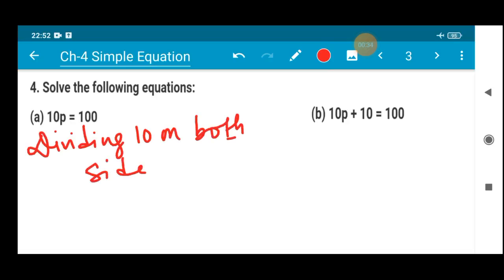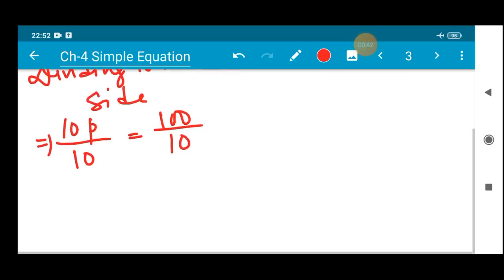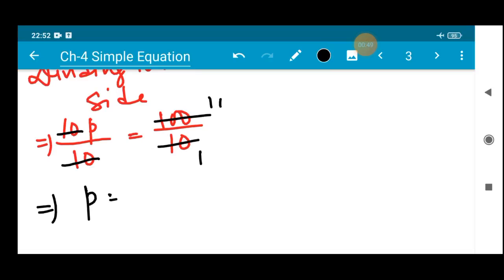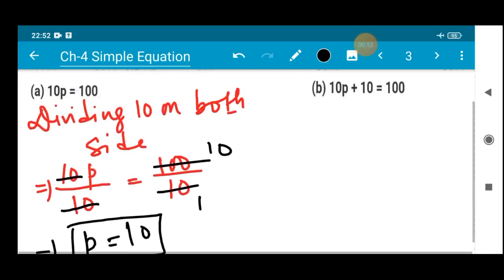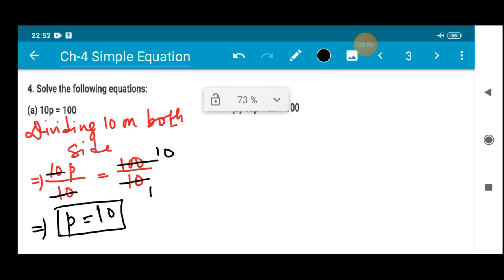Okay, if we do so, then what will happen? 10p divided by 10 is equal to 100 divided by 10. Okay, now we can cut this 10. p is equal to, you can easily see here that 10 10s are 100, so the value of p here will be 10. Okay, very simple, very easy one.